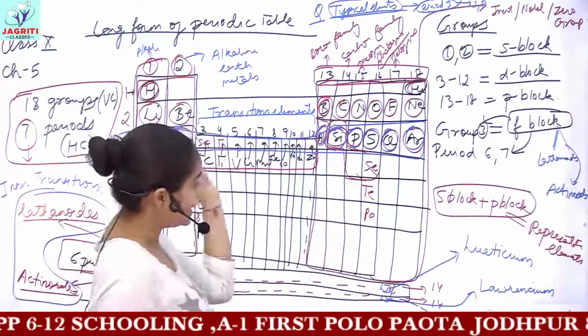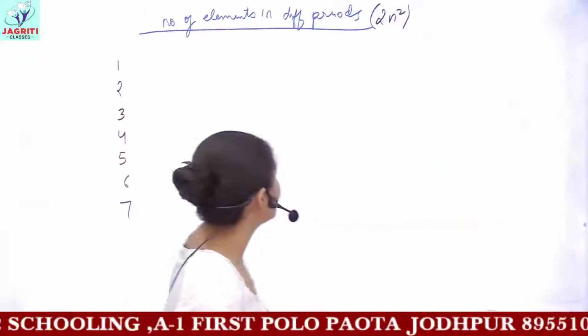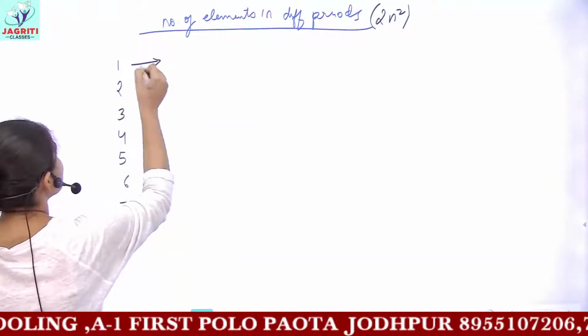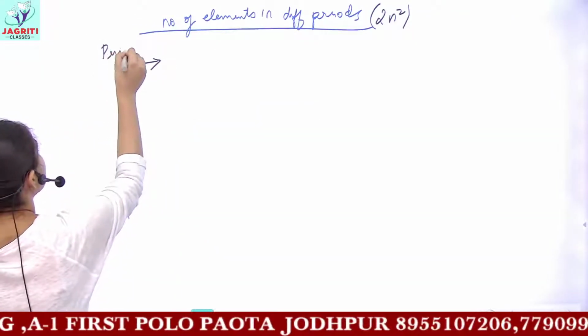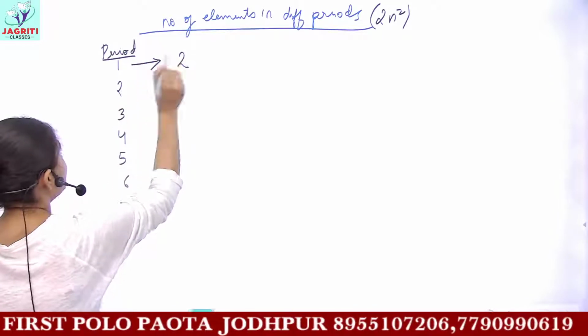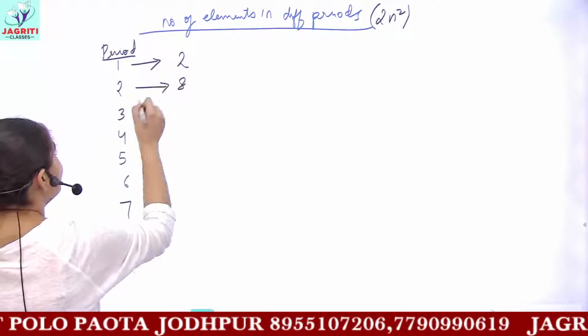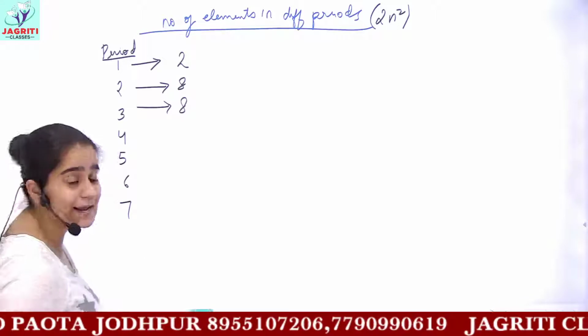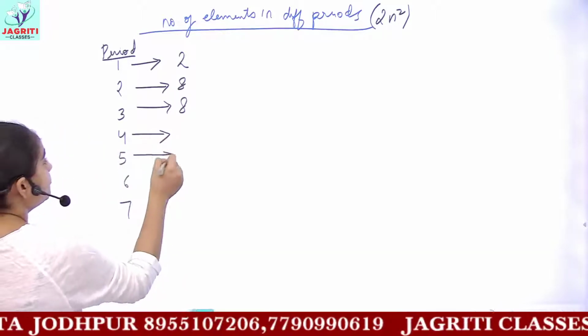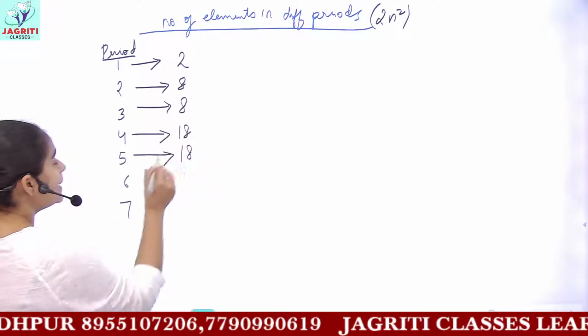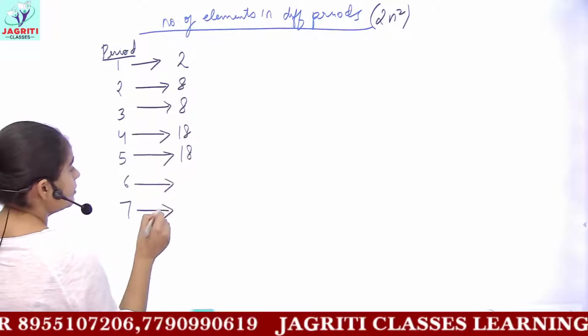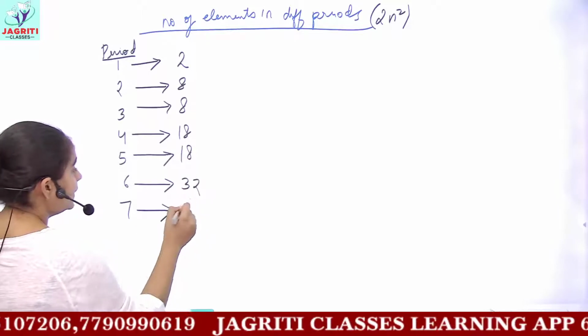So likewise, you can count and you can write that the number of elements present in your first period would be 2. Then in the second and third period you have 8 elements. In the fourth and fifth period you will have 18 elements, and in the sixth and seventh period you will have 32 elements.